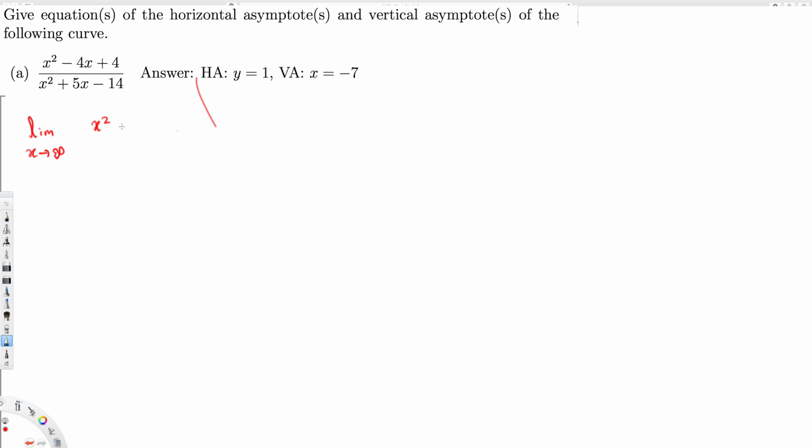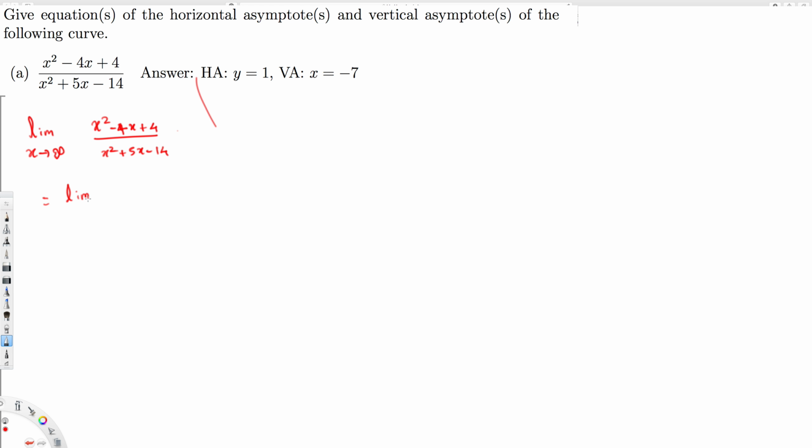So it's going to be (x square minus 4x plus 4) over (x square plus 5x minus 14). Whenever the limit approaches infinity, the first thing we have to do is divide the equation by the highest power. In this case, the highest power is x square, so I have to divide everything by x square.